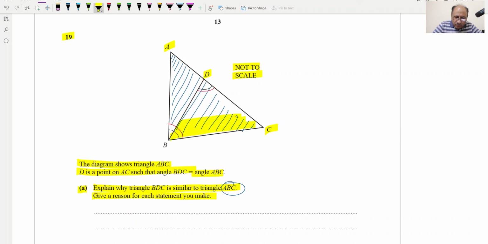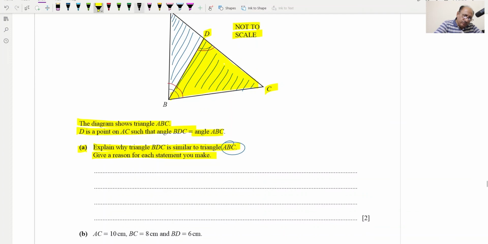So these two triangles, we need to prove that they are similar to each other. For similarity, we need to prove something. So what we can prove, this C angle, you can figure out that this is the angle which is part of both triangles. So we can easily write this angle C is common in both triangles.